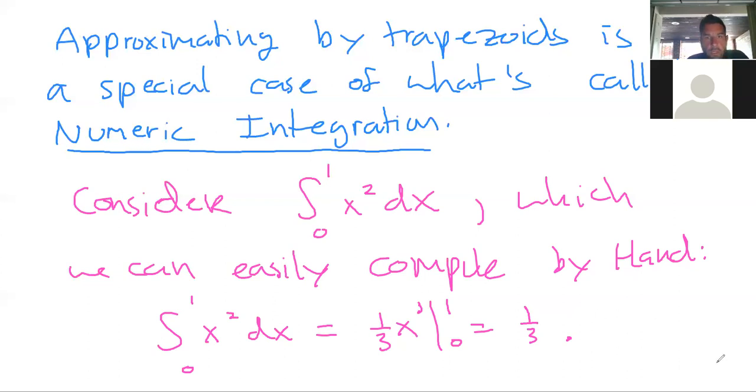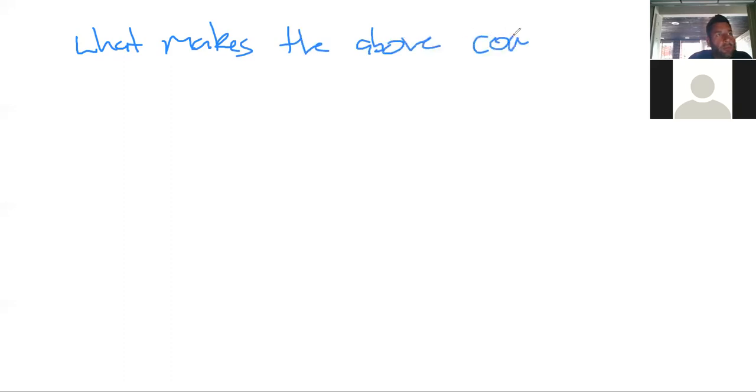So here's the catch. What makes the above computation easy? Of course, easy is a relative term. It took humans a heck of a long time to figure that out.